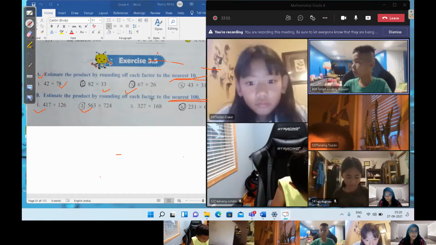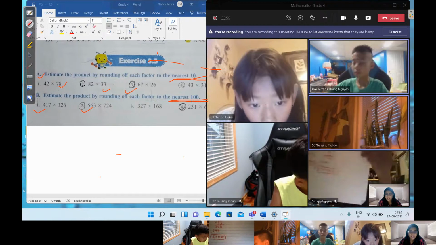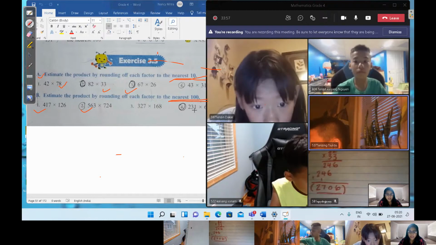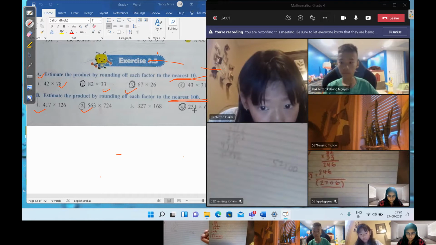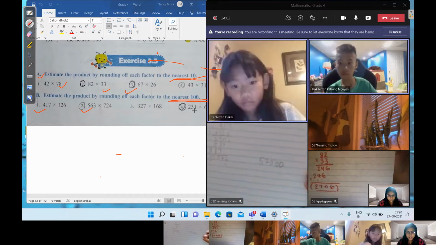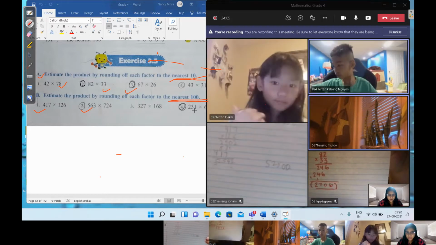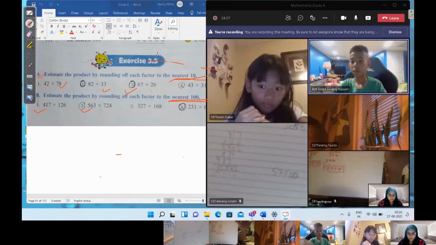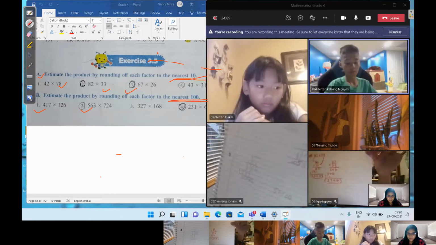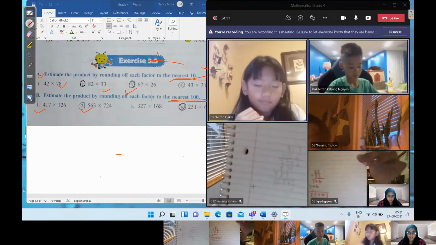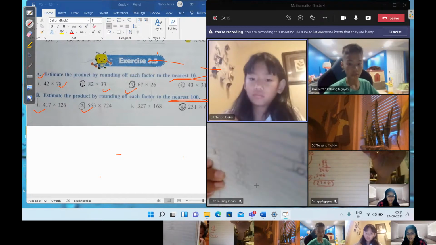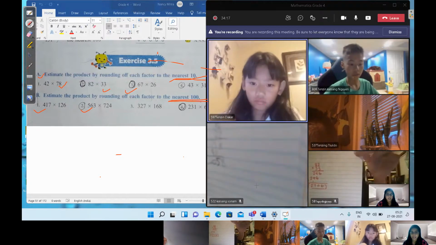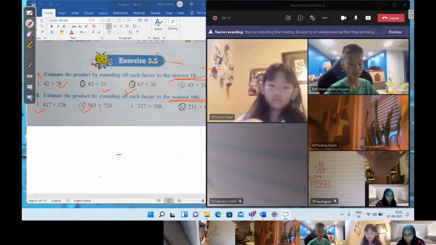Here we have to find the nearest 100, which means your answer may be correct, but your mistake is, yes, you're right, but that is your exact value. 522, your answer is correct, but that is the exact value. Okay.